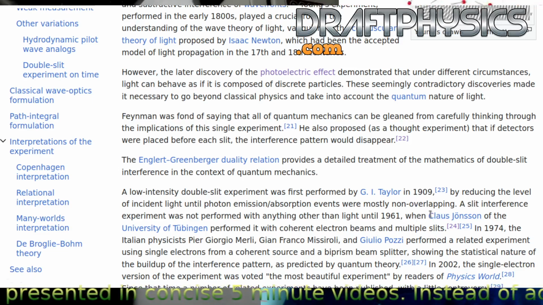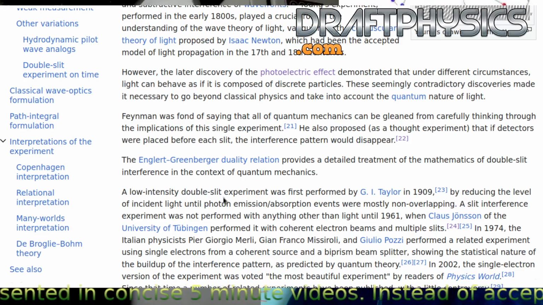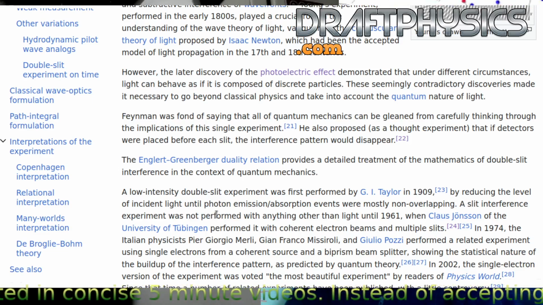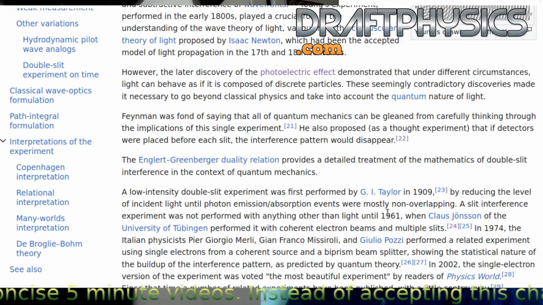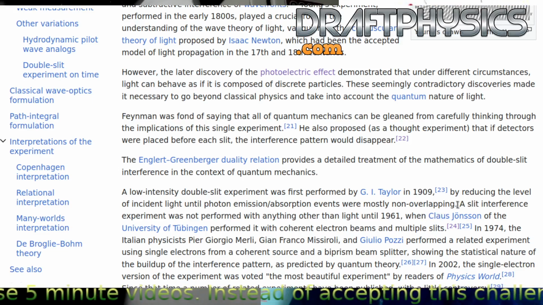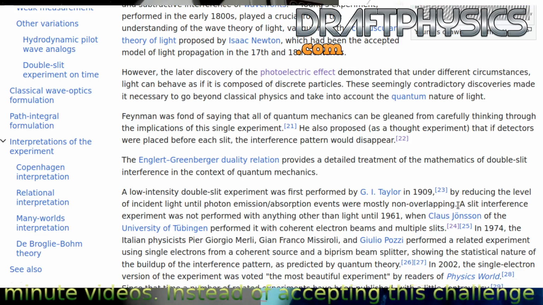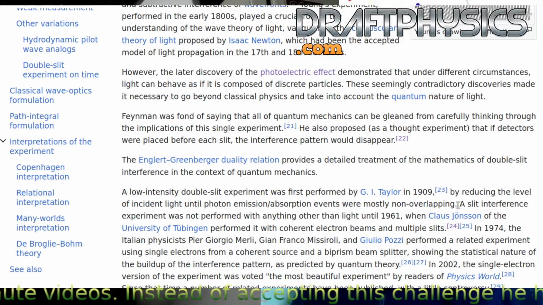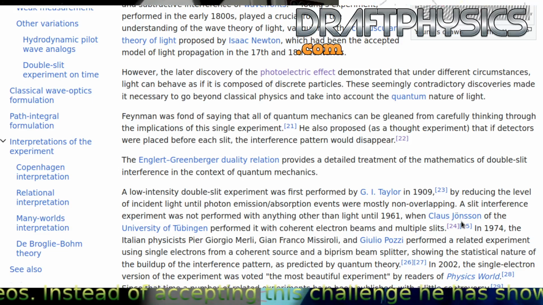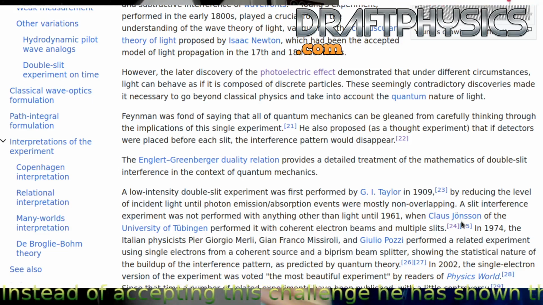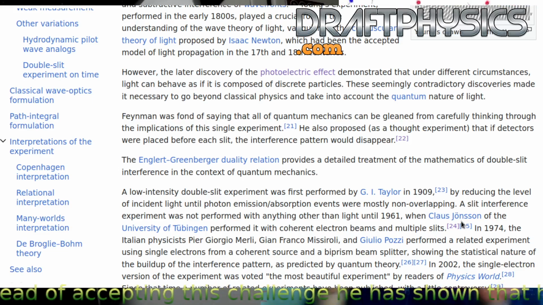Okay. By reducing the level of incident light until photon emission absorption events were mostly non-overlapping. So that's a way of trying to say single photon at a time. And that only has to do with how many pieces you're putting together. So if you can imagine, in the slits experiment, you're only spreading them in one dimension.